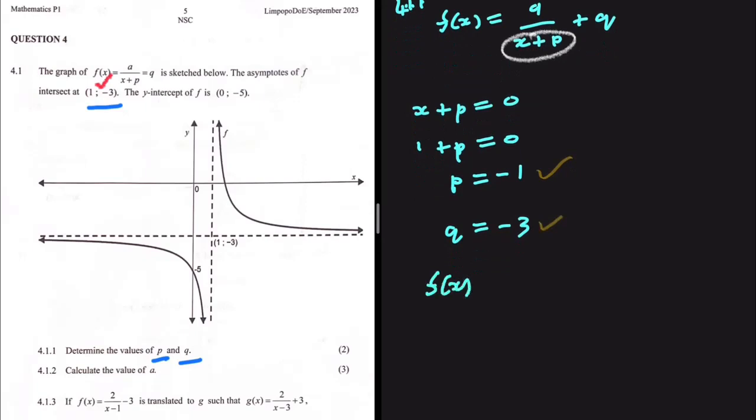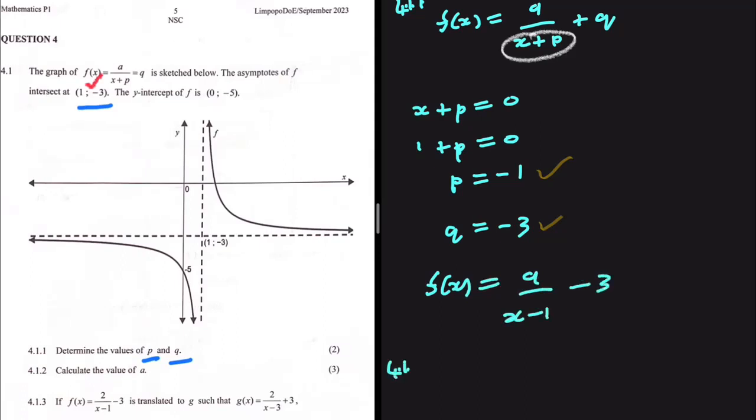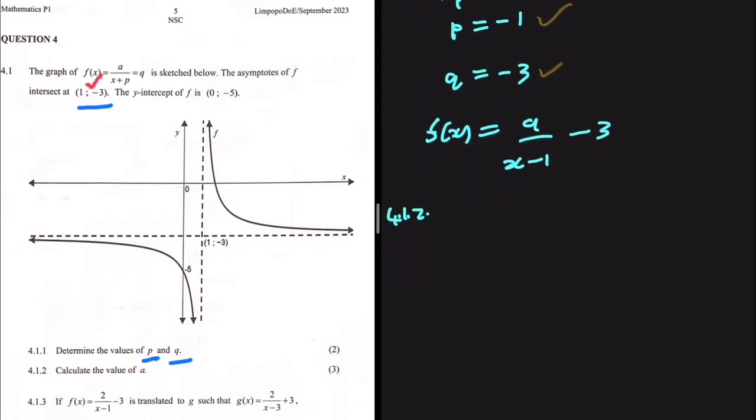So at this point, we know that f(x) = a/(x − 1) − 3. In 4.1.2, we are looking for the value of a. How are we going to find that? We substitute the y-intercept or any other point on the graph.